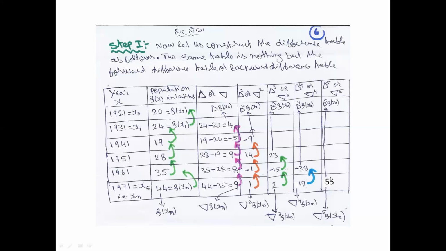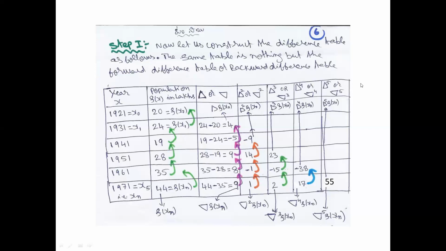So we can use this difference table either for forward difference or for backward difference. If it is for forward difference, we must write the delta symbols only. See the cursor: delta, delta square, delta cube, delta to the power of 4, delta to the power of 5, and so on.